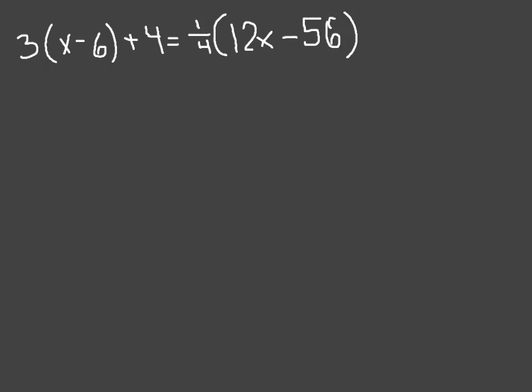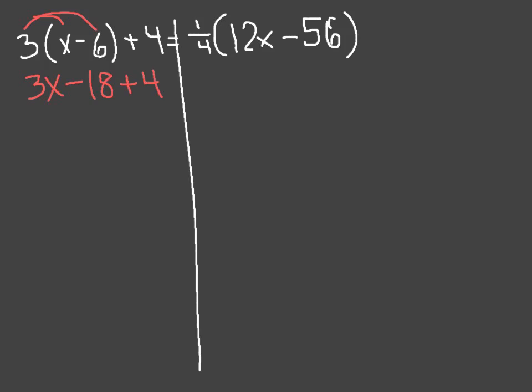And our last example. Again, split my problem down the equal sign. I'm going to start with my distributive property. So 3 times x gives me 3x, 3 times negative 6, negative 18, got this plus 4. If I distribute this 1/4, I get 3x minus 14.